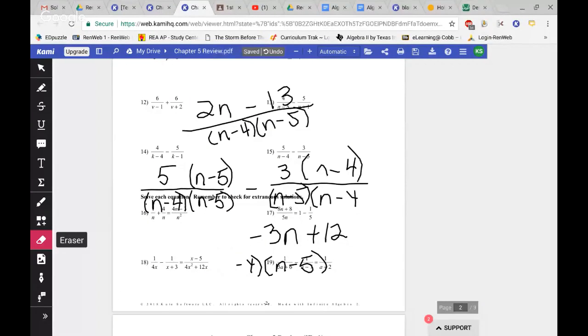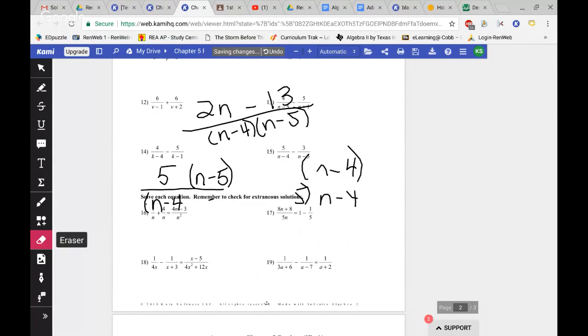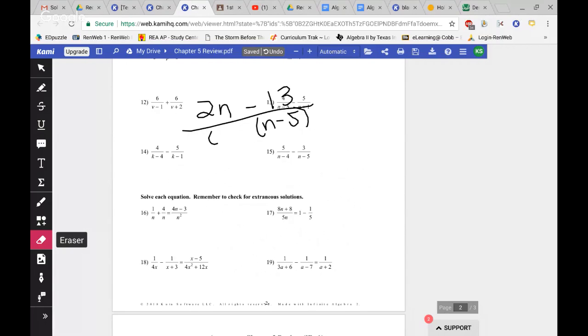And I'll keep working unless there's any questions. A lot of these on this particular worksheet are very similar. You've got a very small factor on each one. So getting a common denominator is really pretty simple.